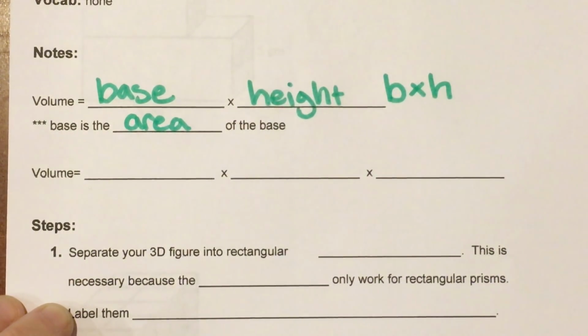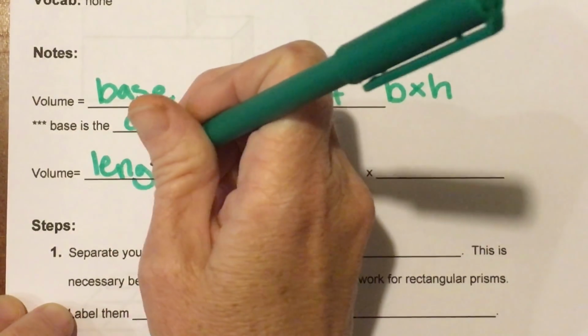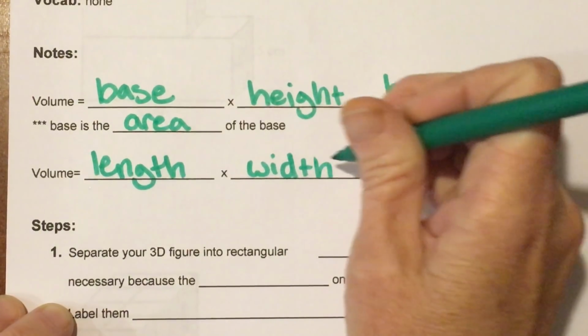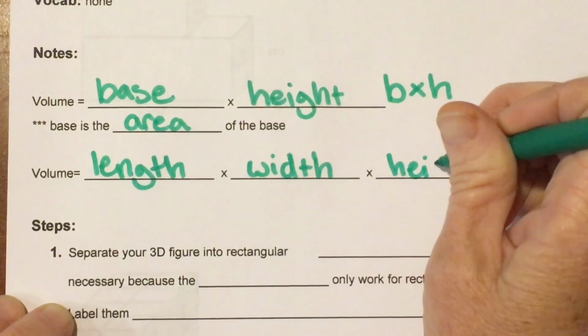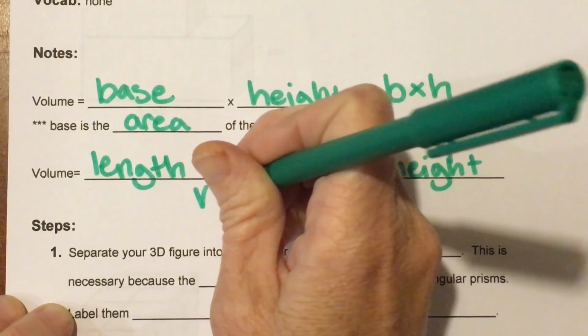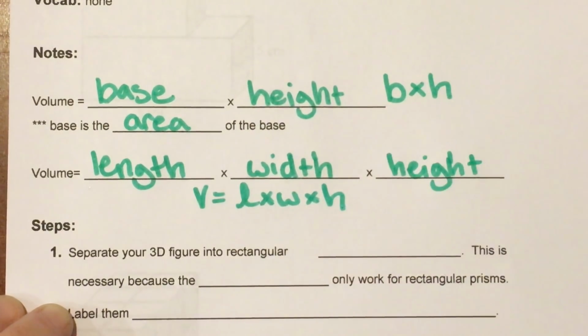So that's formula one. And our second formula is length times width times height. We've been saying that is volume equals length times width times height.